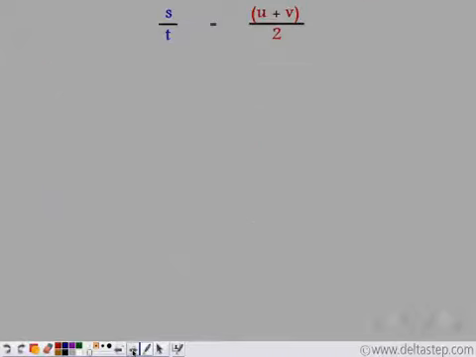We have s by t is equal to (u plus v) by 2. Now, we multiply t on both sides. So, s is equal to (u plus v) by 2 into t.